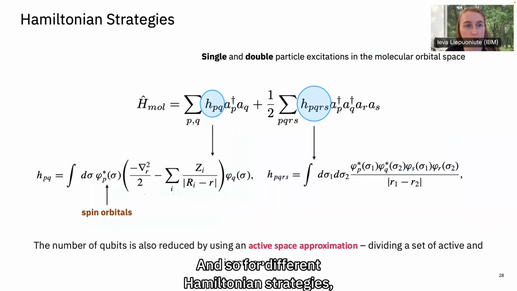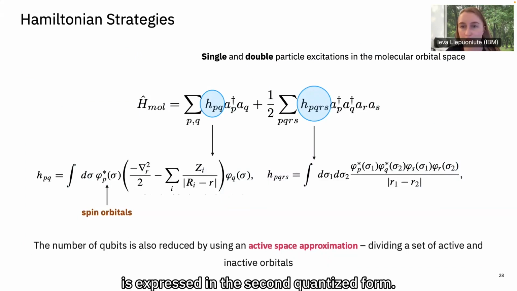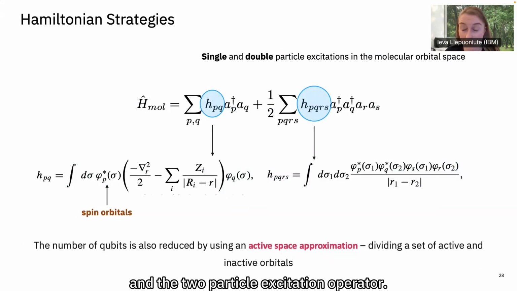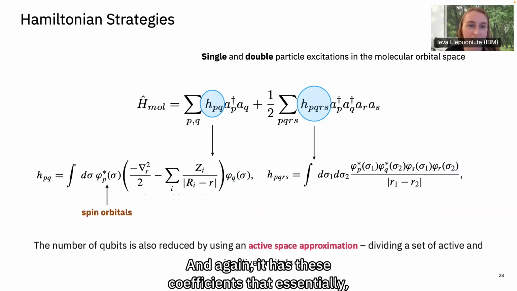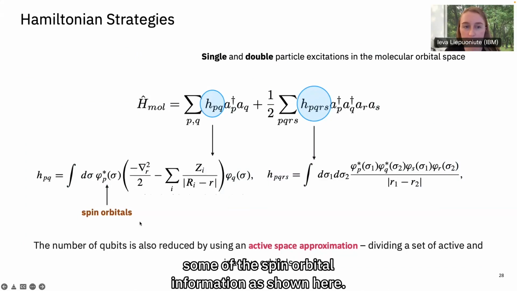For different Hamiltonian strategies, we have to remind ourselves that our Hamiltonian is expressed in the second quantized form, and it's composed of two major parts, the one particle excitation operator and the two particle excitation operator. It has coefficients that essentially describe the one and two body integrals, and these integrals contain some of the spin orbital information as shown here.